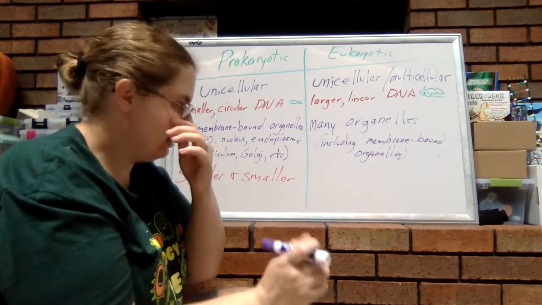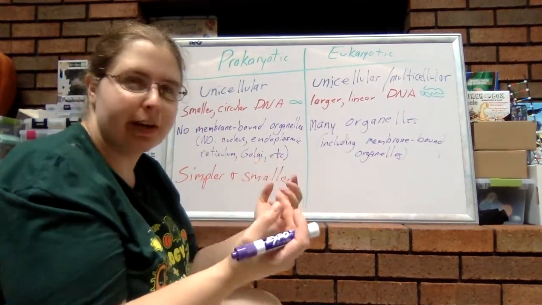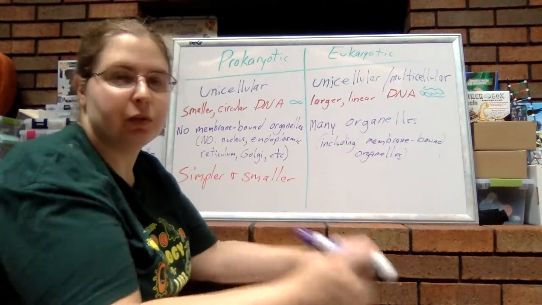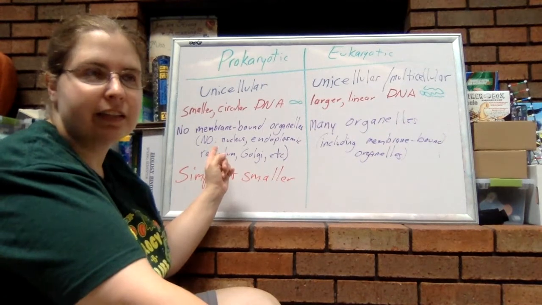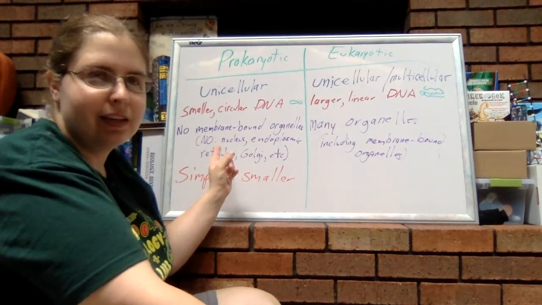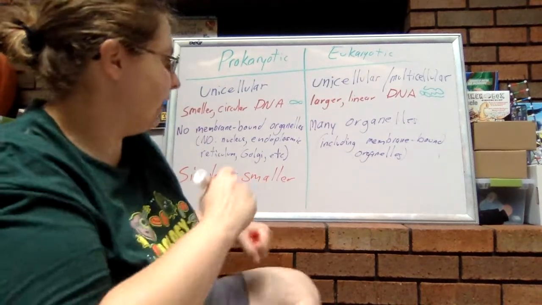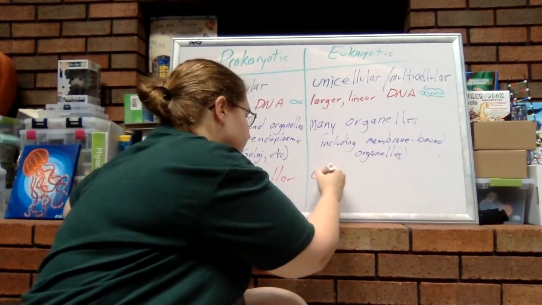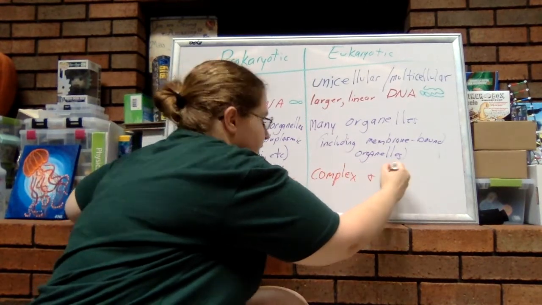The only time it's not in the nucleus is during cell division, because we're trying to separate everything out and make two new cells. But in prokaryotes, the DNA is just swimming in the cytoplasm. So eukaryotic cells tend to be more complex and larger.